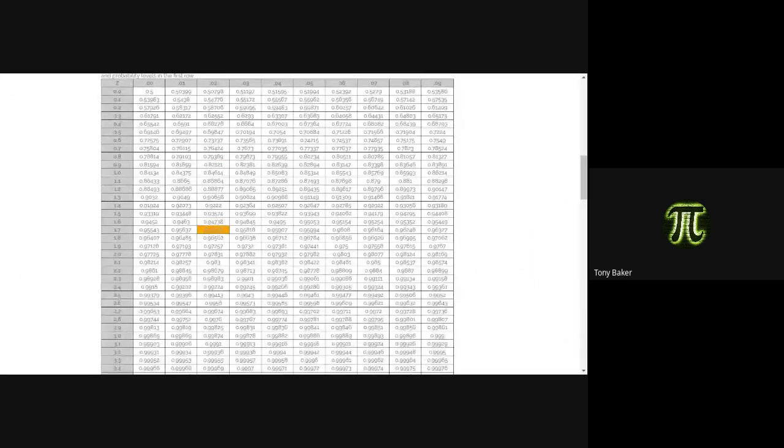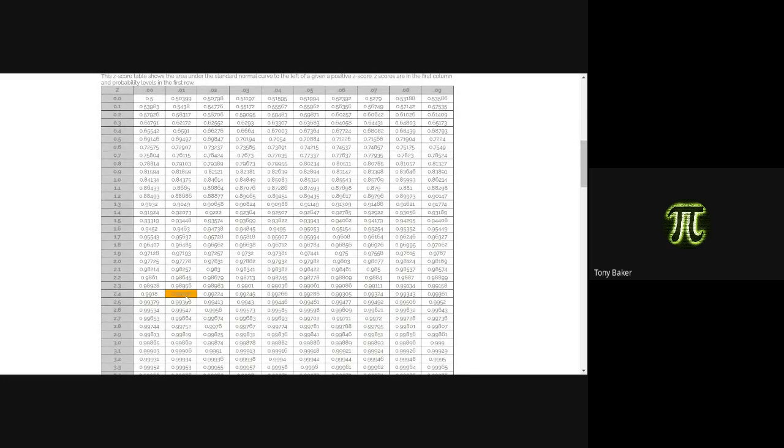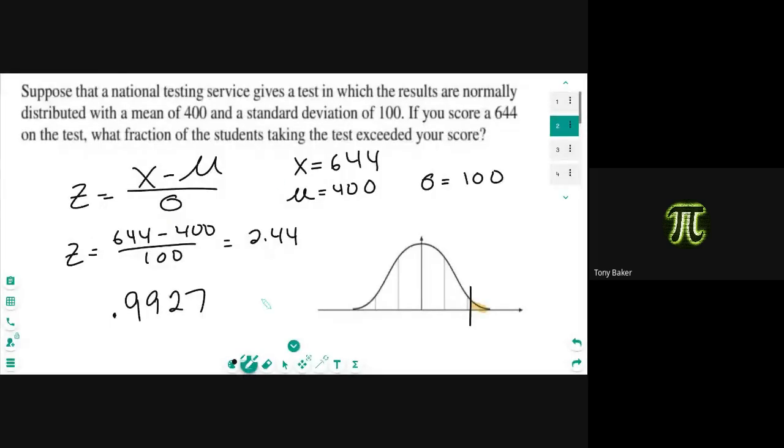So just a quick reminder. We go to 2.4, and we go over to 2.44. And that's the number I want. All right. Is that the answer? No, because the percent is always from the left over. So we want the complement to that. We have to do 1 minus that.